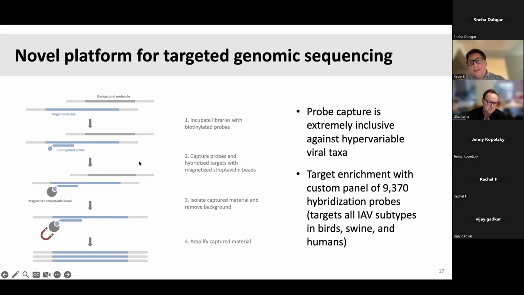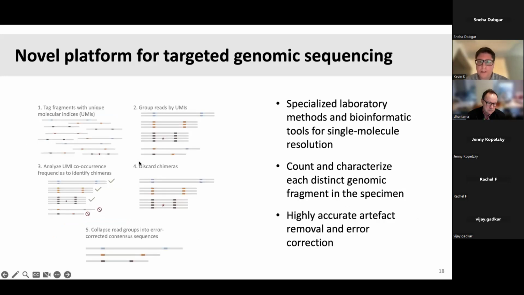So this technique is way more effective at enriching diverse and hypervariable genetic targets like flu viruses. For this surveillance project, we created a custom panel of 9,370 probes. This panel targets all segments of the flu genome, and it targets all subtypes that circulate in birds, swine, and human hosts.